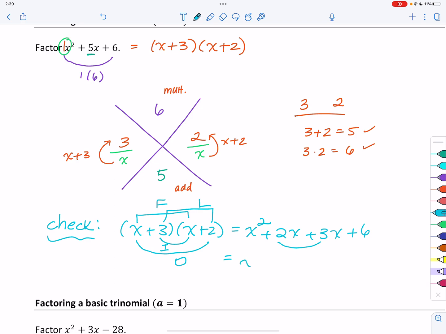Combining like terms, we have x squared plus 5x plus 6, and that's what we started with.